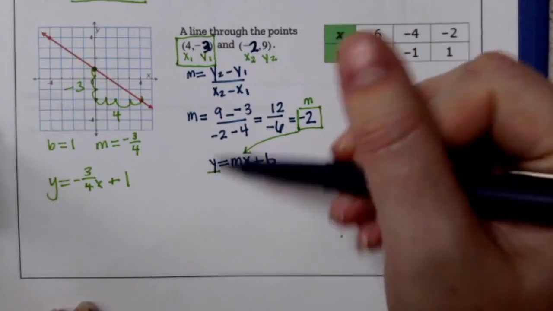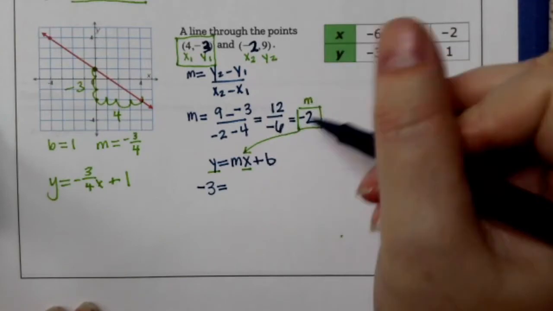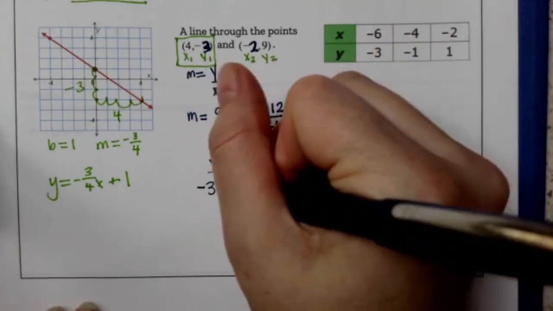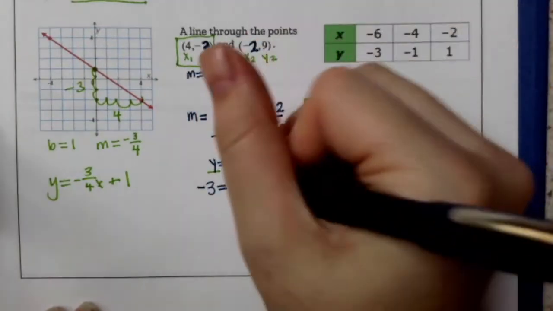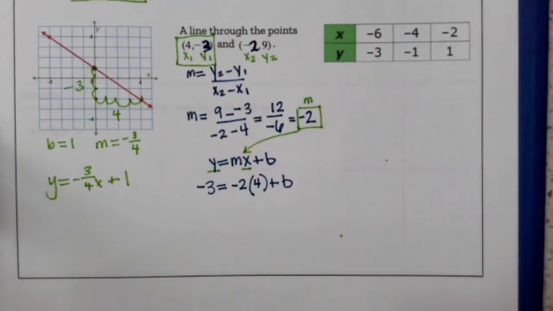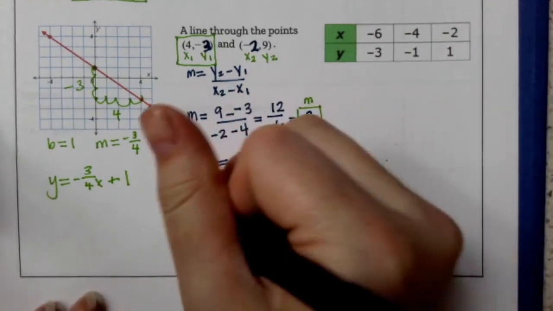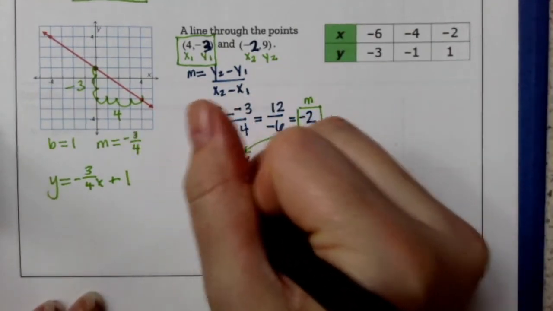So I'm going to plug in my y value is -3. My m is -2. X is 4. And then I'm trying to find my b value. And then I could go ahead and simplify this. So I'm going to multiply these two numbers to get -8.